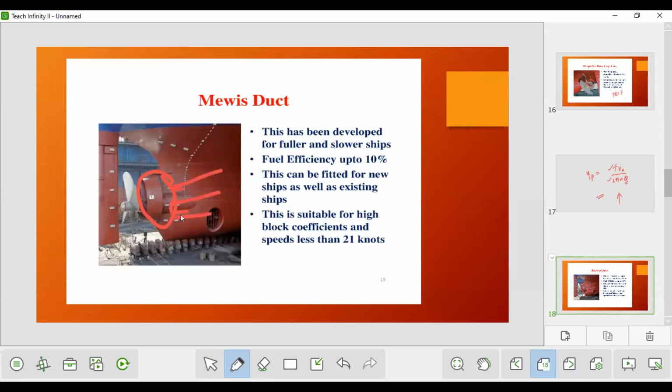The flow is streamlined into the propeller as it comes out of this duct. Thereby the propeller efficiency is increased and fuel efficiency is good. This can be fitted to new ships as well as existing ships. It is suitable for high block coefficients and speeds less than 21 knots.